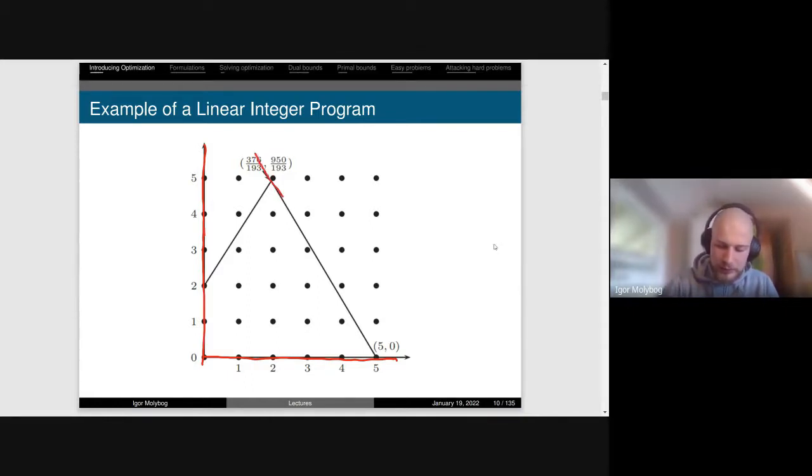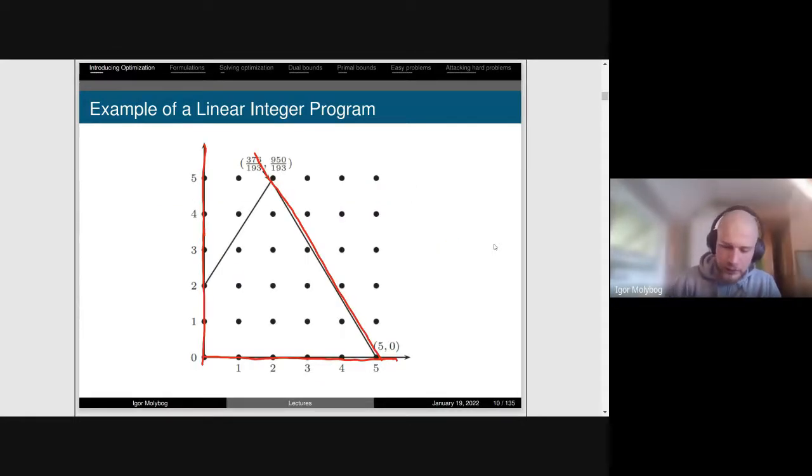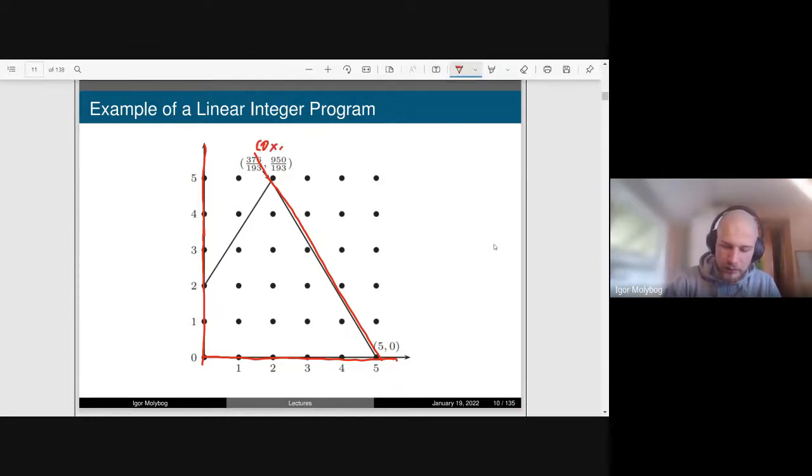Then we draw these two lines, 50x1 plus 31x2 less than or equal than 250. And so everything below this line must belong to the feasible set.